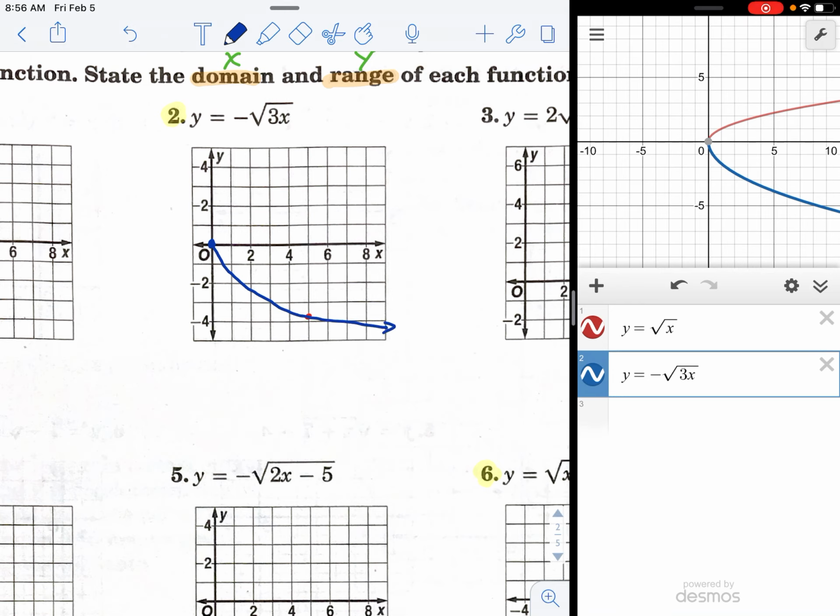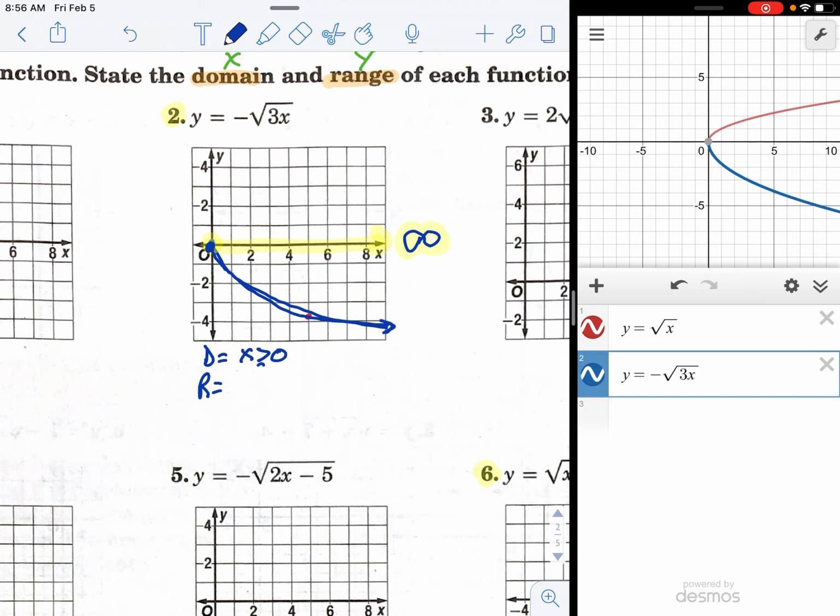Now, what about the domain and range? I'll go underneath, D for domain, R for range. Domain is the x values of the graph. Well, this starts at 0, and it proceeds to the right forever, which is infinity. So the domain is x values greater than or equal to 0, because it actually starts at 0 and goes in the greater than direction forever.